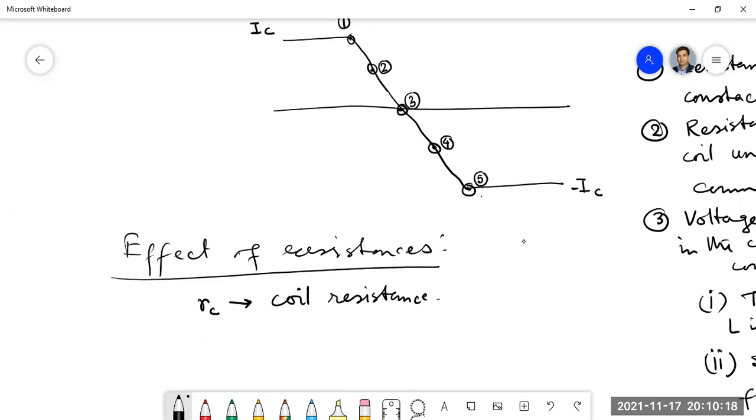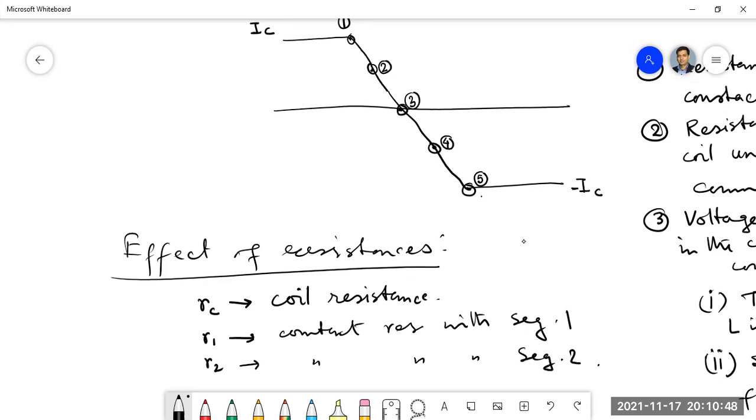Because the coil has contact with both segment 1 and segment 2, we should take two contact resistances: one for the contact resistance with segment 1, and 2 is the contact resistance with segment 2. So two contact resistances and a coil resistance we have to consider when we are considering the effect of resistance.